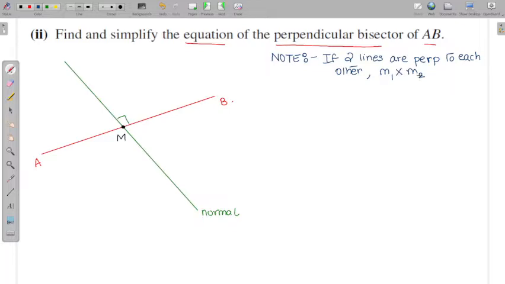The product of these two gradients will always be equal to -1. So we can find M1 by just doing -1 divided by M2.